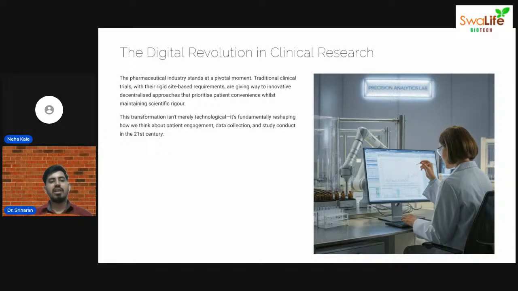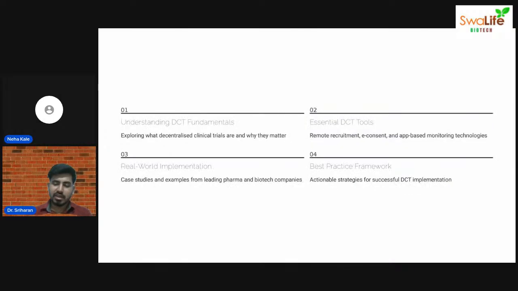We are doing the trial in a remote manner. There is no patient visit like in the traditional way. We did clinical trials traditionally, where it should be an in-person visit. But a remote, decentralized trial is totally different.